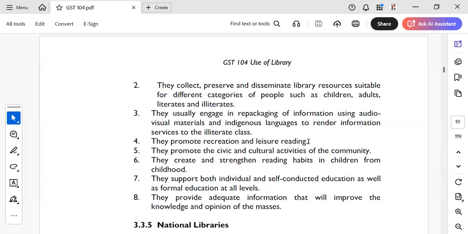And then number 4, they promote education and leisure reading. Number 4 is simply talking about when someone is less busy and available, you can go to the library anytime to read.